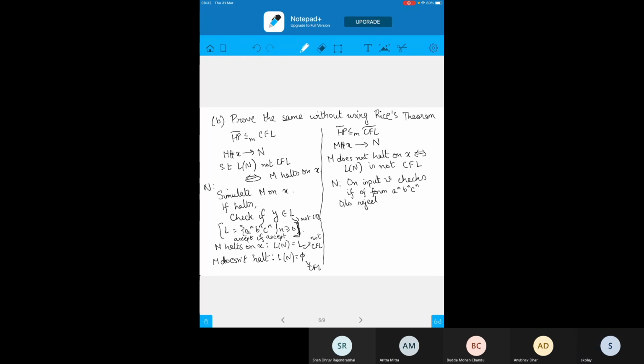If it is of the form, then we can determine the value of n and then simulate M on X for n steps, and if it stops within n steps, then we reject Y, otherwise we accept. So if it halts, then you are rejecting.